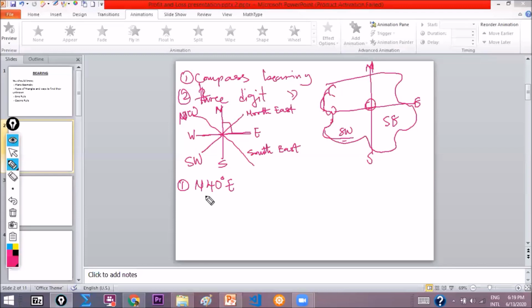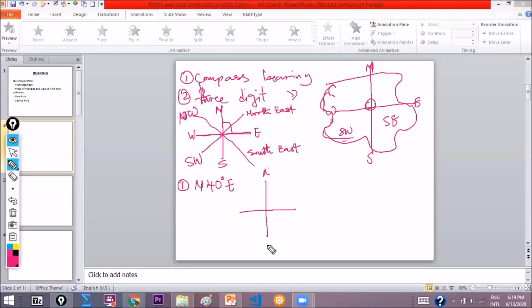If we're told in examples, this kind of question always comes out in WAEC. Just one question in the OBJ. It says represent this on the compass bearing. It says north 40 degrees east. Remember, what I always advise people in bearing is that once you draw your cardinal points, please label them.